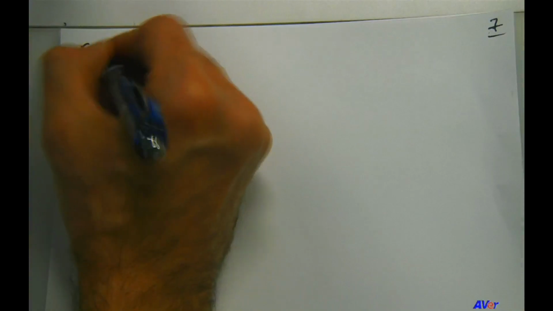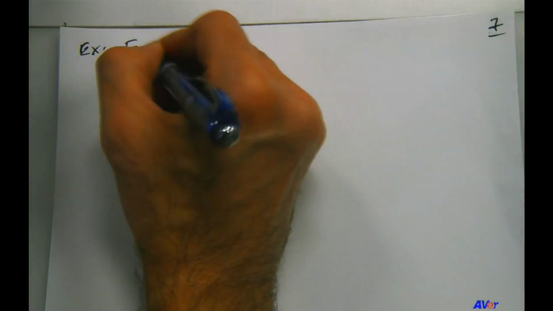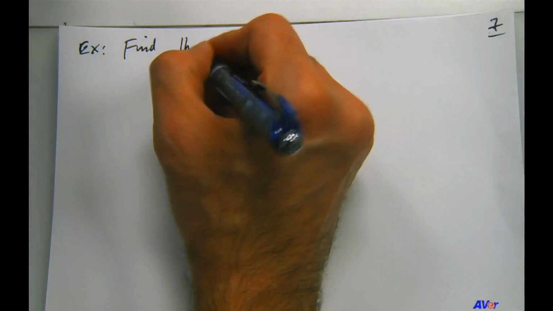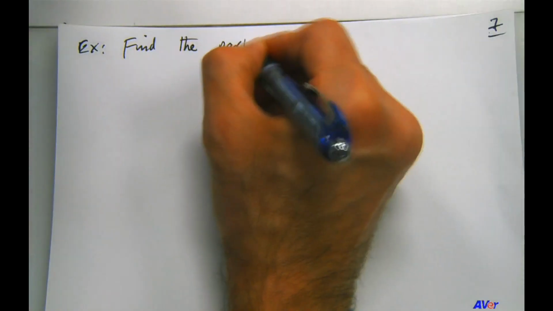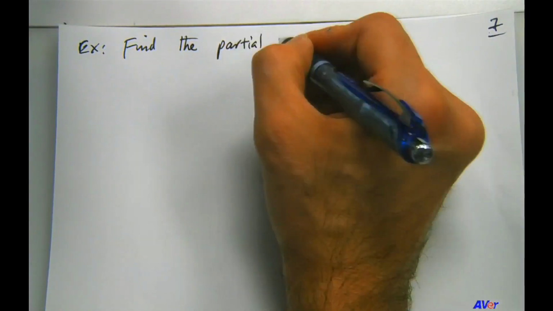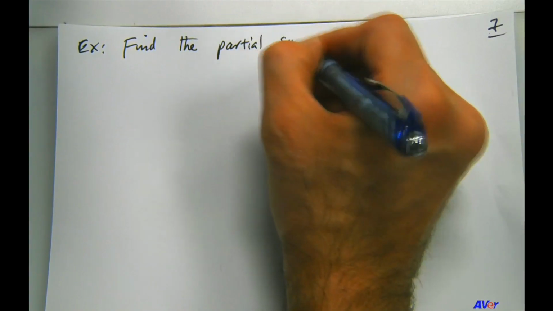Okay, so here we want to find the partial sum, right? We introduced some formulas for this, the three cases we have, right? Remember that?